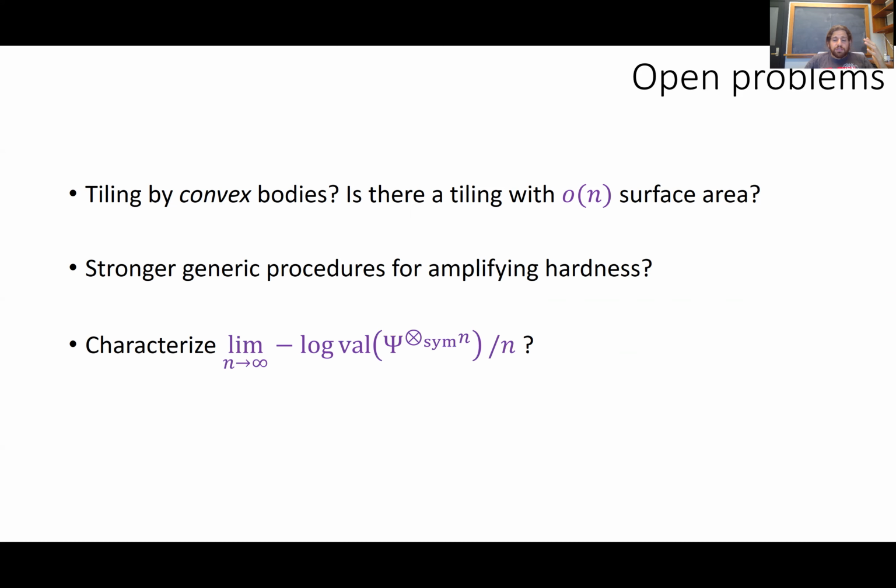And thirdly, in the case of unique games at least, in repetition, there is a very nice characterization of this kind of amortized value of a game, which is the value of n-fold repetitions when you take a log and divide it by n. So it's an amortized sense. It would be interesting if there is any nice characterization of that for symmetric repetition, even for special classes of games such as unique games.